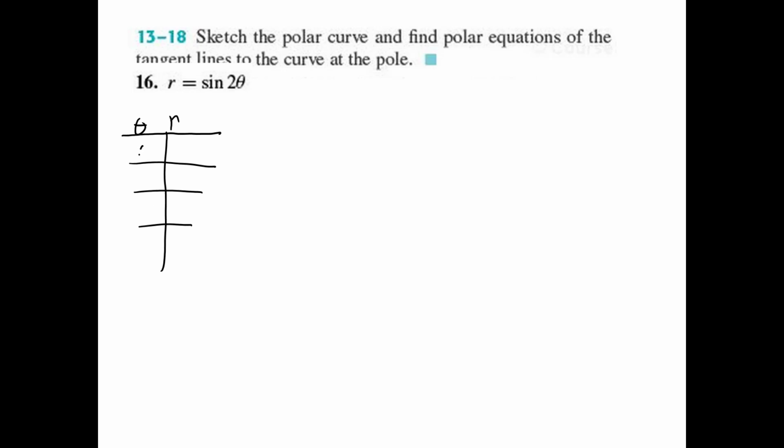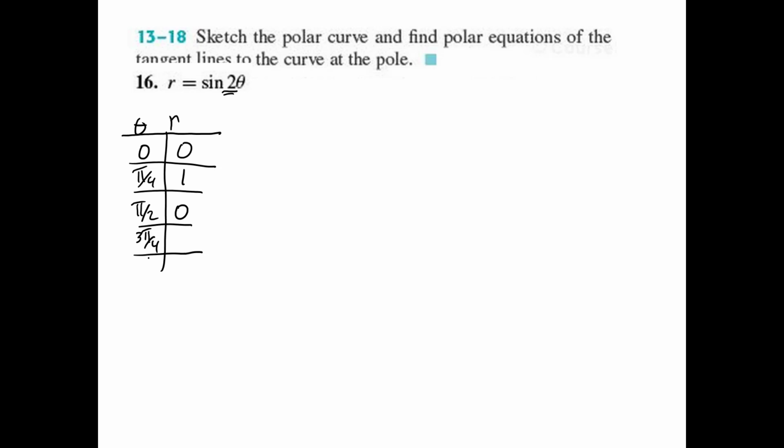Again, start at 0, sine of 0 is 0. But then we go to pi over 4, because we're trying to hit pi over 2 and we're multiplying by 2, so we have to put in pi over 4. 2 times pi over 4 is pi over 2. Sine of pi over 2 is 1. And then we go up by pi over 4, so then we'll go to pi over 2. 2 times pi over 2 is pi. Sine of pi is 0.